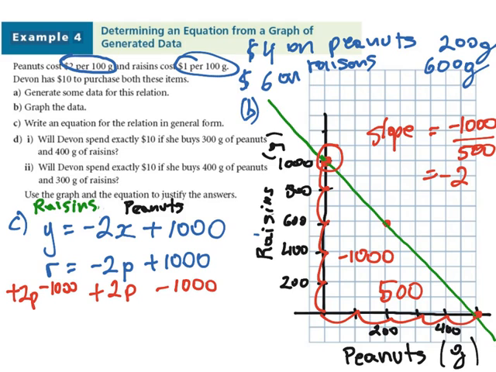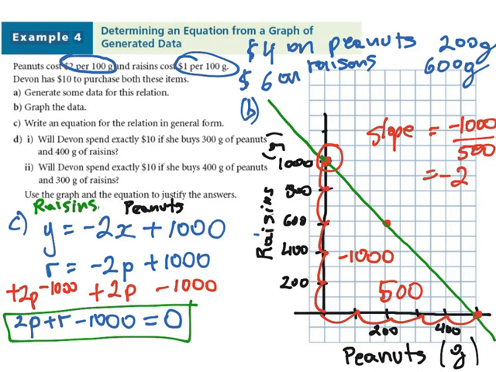So on the left-hand side, we will get 2p plus r minus 1,000 is equal to 0. And this is our general form. So this should answer part C.